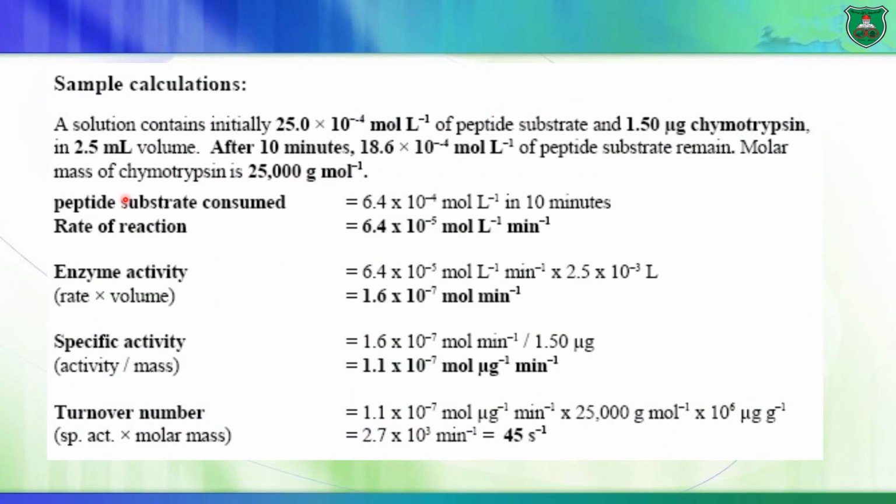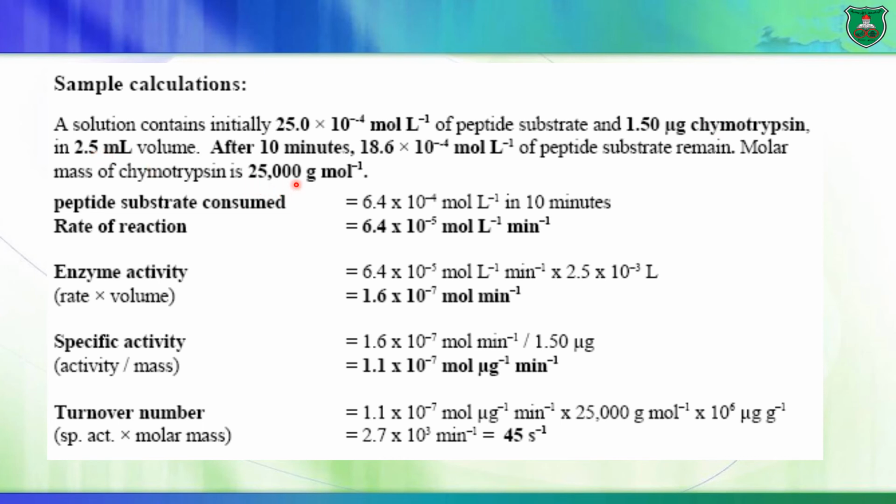So here's a problem that combines all of these terms that we've just talked about. So you have a solution containing 25 times 10 to the minus fourth molarity of peptide substrate. So now we have the concentration of the substrate. And you have 1.5 micrograms of chymotrypsin, that's the enzyme, okay, in 2.5 mils.